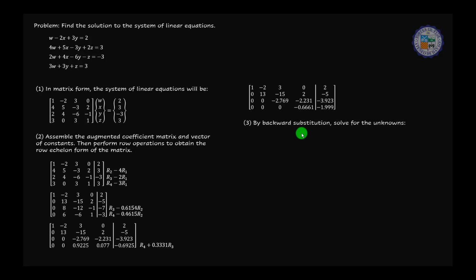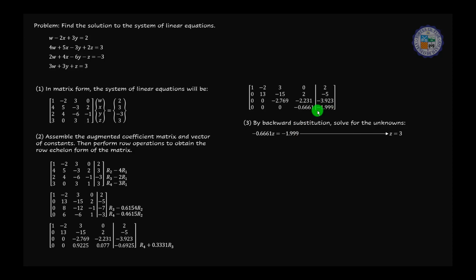So by back substitution, let's solve for z first. This equation is obtained from the lowermost row, which is negative 0.6661 of z equal to negative 1.999. Solving for z, we have z equal to 3.